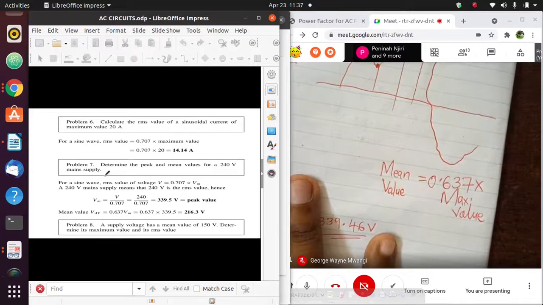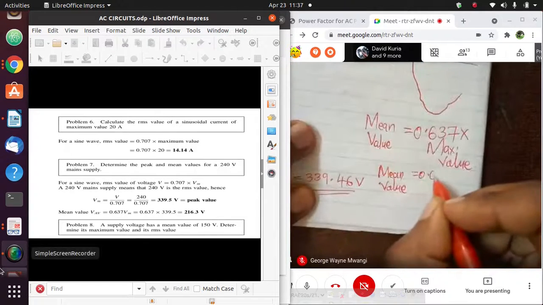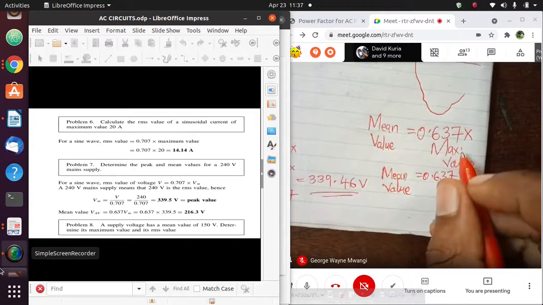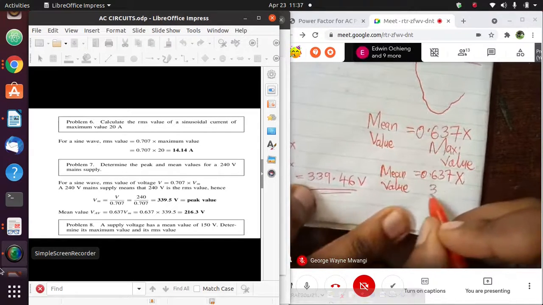Now, our mean value will therefore be 0.637 times our maximum value, which is the value we got here, 339.46.